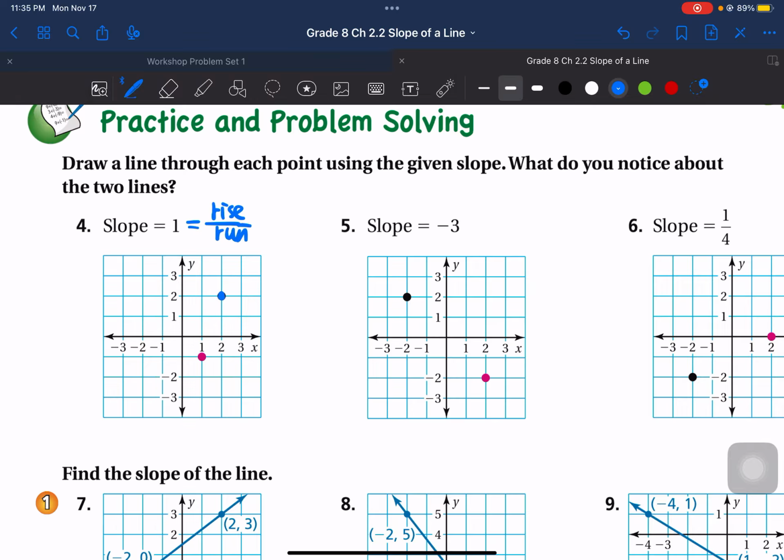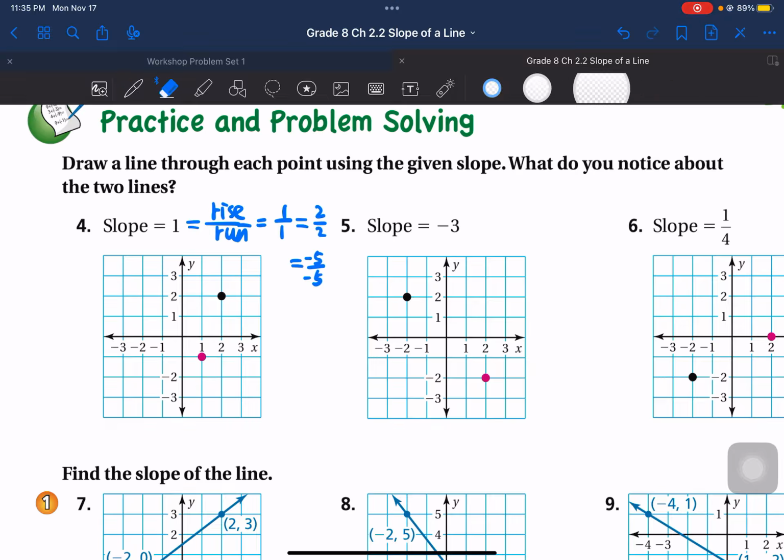If we start from the black point, that means we can go rise over run, which is 1 over 1. But you can also do 2 over 2, or 5 over 5, or -5 over -5, as long as the answer is 1.